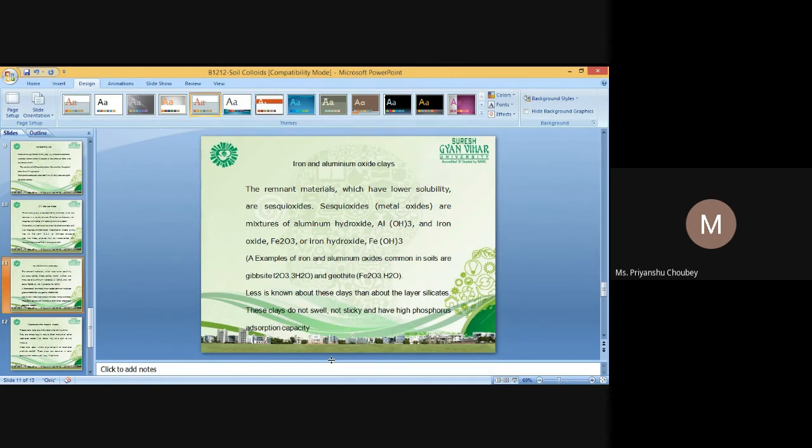Plaggen epipedon, from the Greek plaggen, is a man-made horizon, 50 centimeters thick, with 0.6 percent organic carbon, moist 3 months.